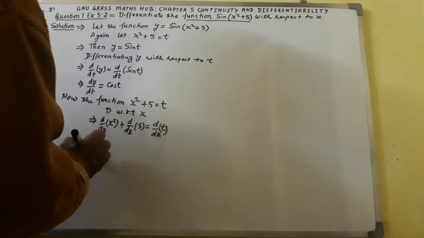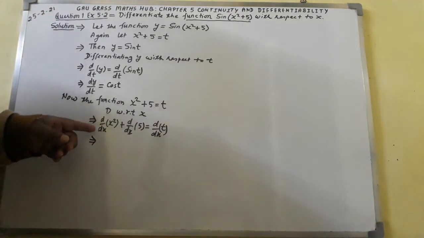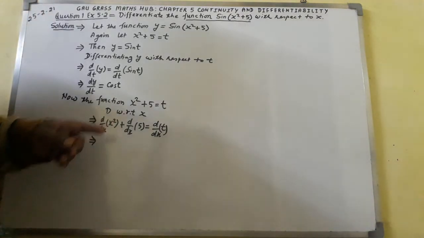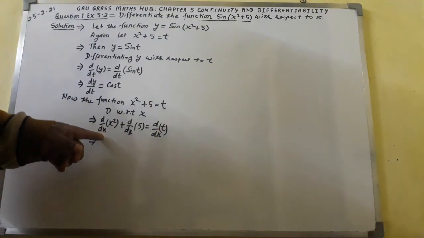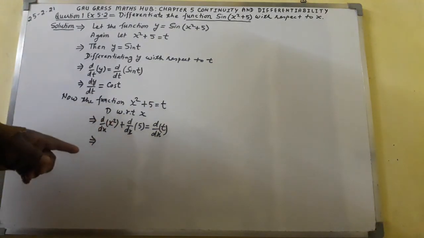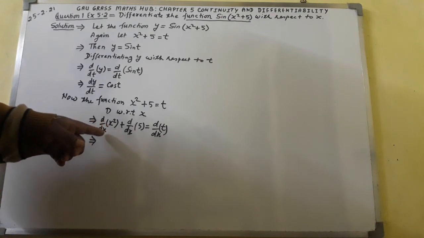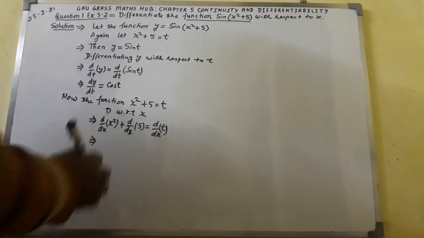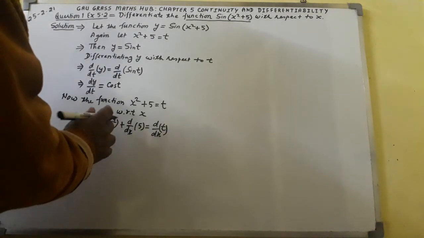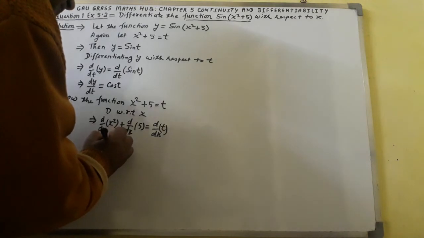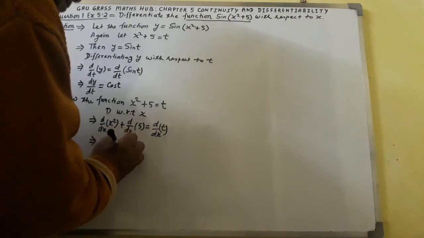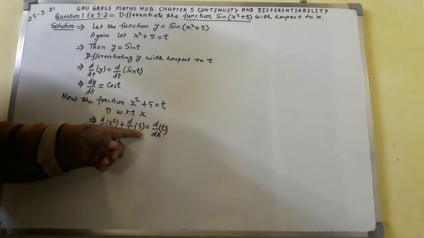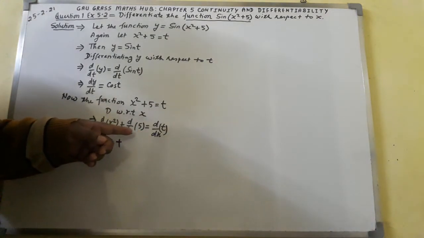Here you can see x is there at both places, so differentiating with respect to x, d over dx of x square comes out to 2x, plus d over dx of a constant; here 5 is a constant. The differentiation of a constant comes out to be 0.